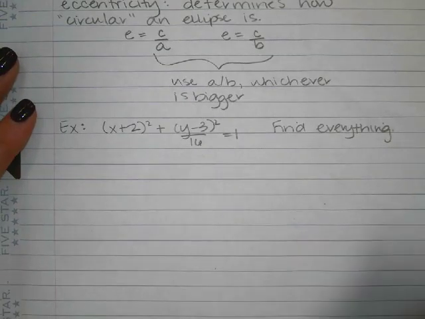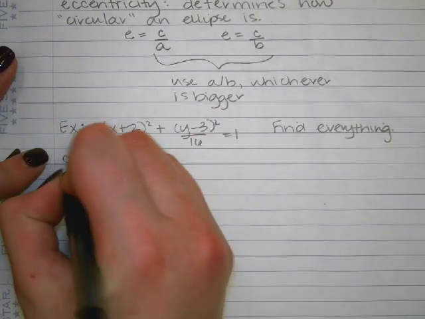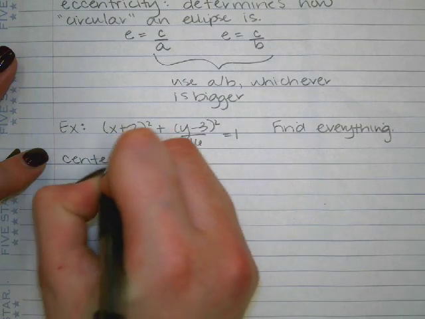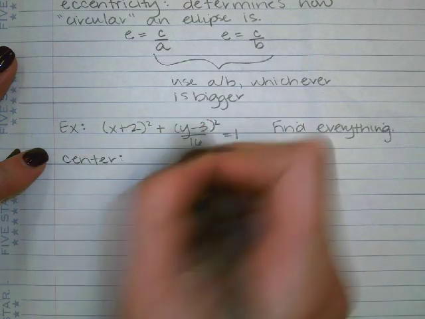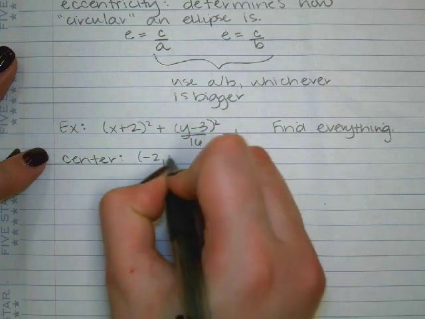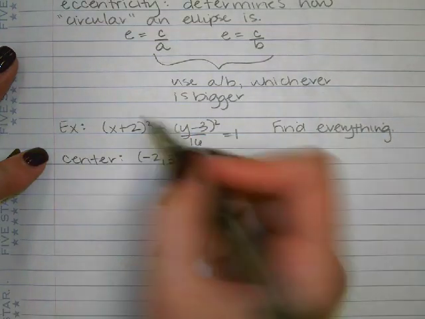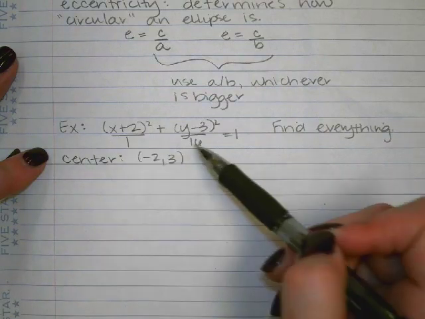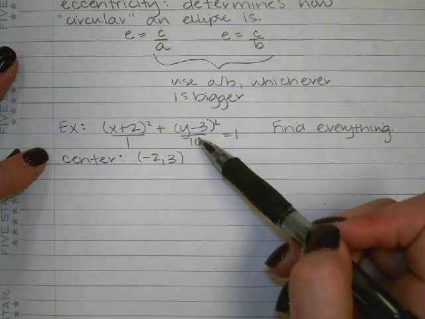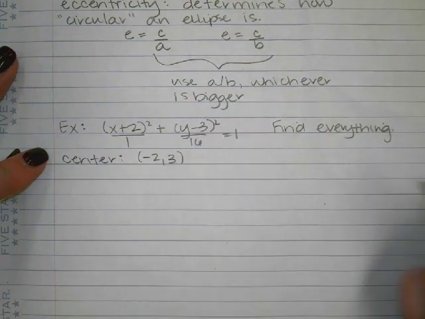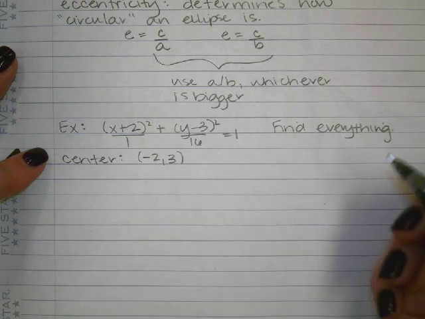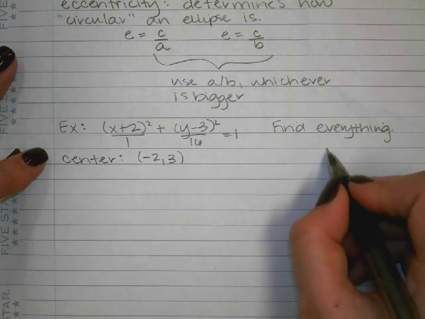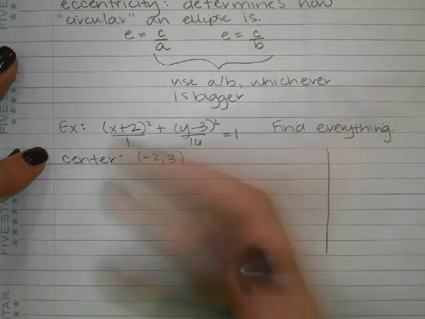Okay, so we do need to graph this, which means we need to know what the center is. So left 2, up 3, negative 2, 3. And from there, we're going to have to go left and right 1 and up and down 4. Okay, so I got to have a lot of space to go up.